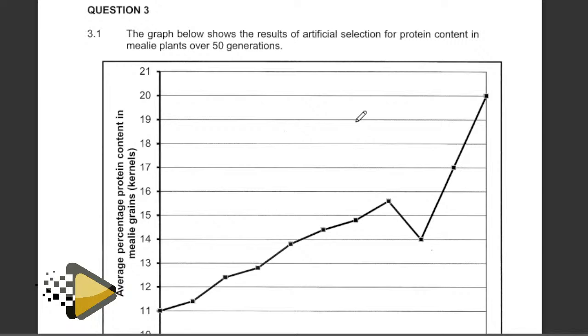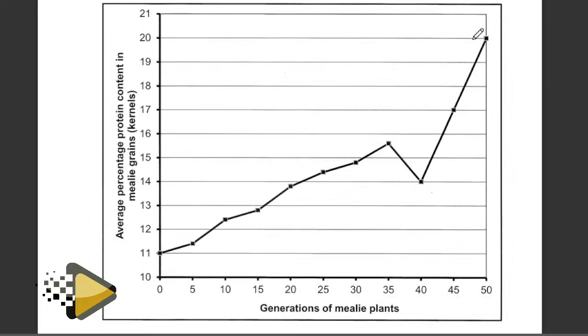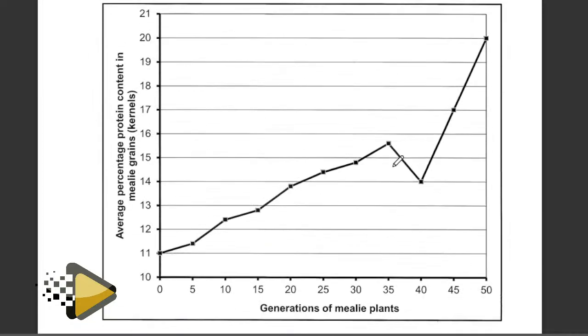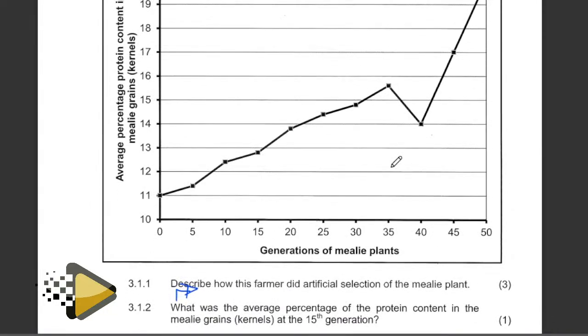Okay, let's go to the next question. The graph below shows the results of artificial selection for protein content in the meal plant over 50 generations. Describe how the farmer did artificial selection. Here you just had to explain the artificial selection. Remember, in artificial selection, you identify the character.